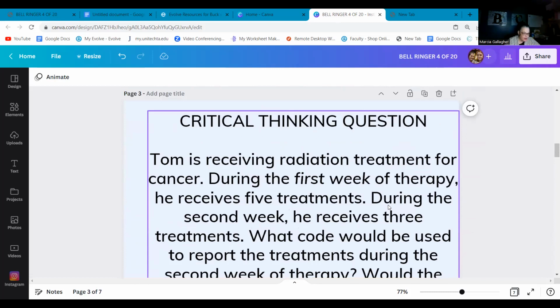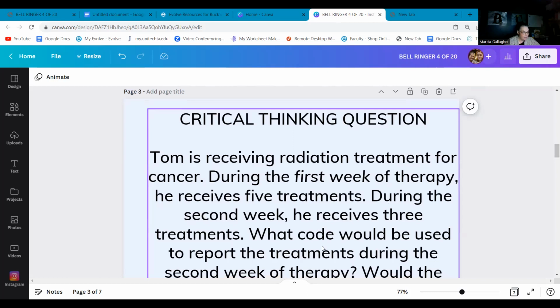If there are 3 or more treatments delivered beyond the original 5, you're going to code 77427 to indicate the additional treatment. Therefore, Tom's second week of treatment would be reported using this code.